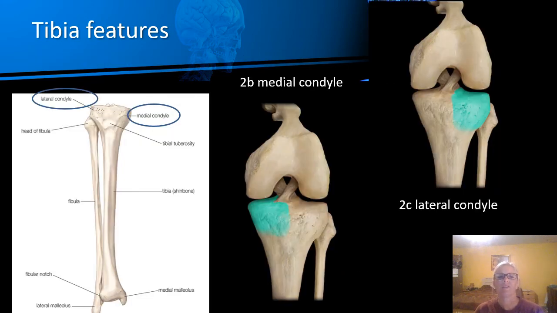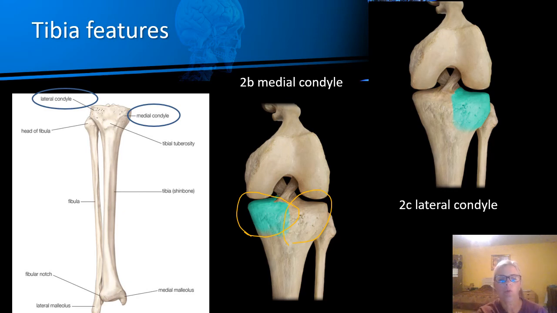All right, and so here's the medial condyle and the lateral condyle, and again, these are knuckle-like. They're not as knuckle-like as on the femur, but they are still raised portions on the head of the tibia. Of course, medial is towards the midline of the body. Lateral is going to be towards the side or outside. Again, pay attention to the way the bone is rotated.